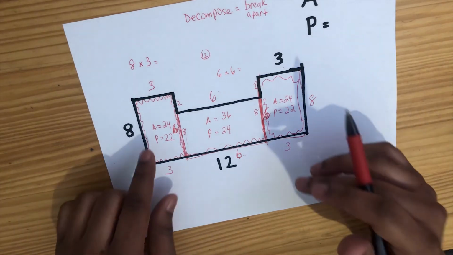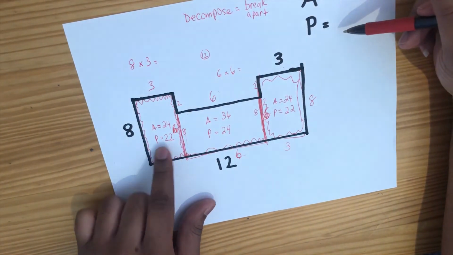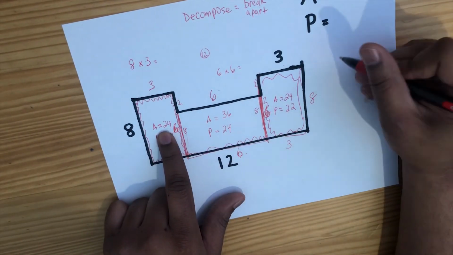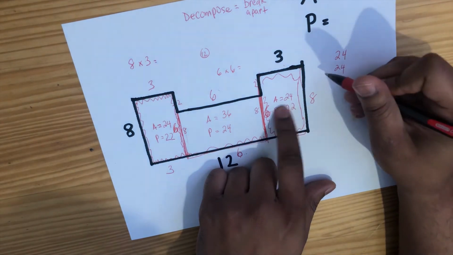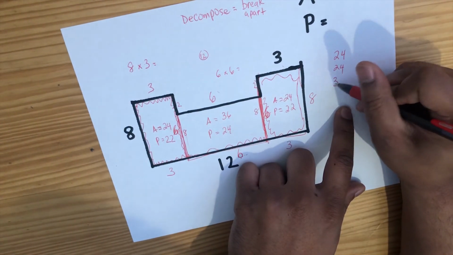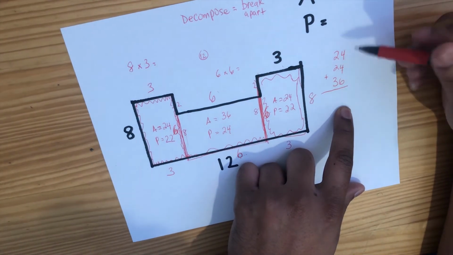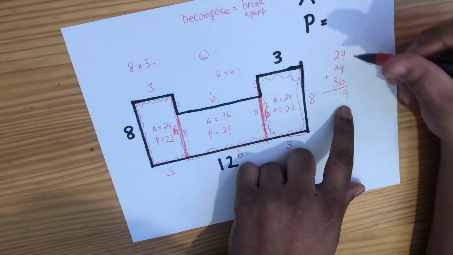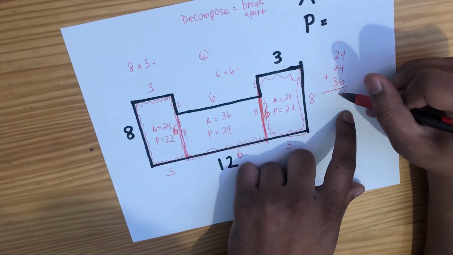Now what I need to do is add all the areas and perimeters together to get my total answer for area and perimeter. So for my area, I have 24 plus 24 plus 36. Add those together. 6 plus 4 is 10, plus 4 more is 14. 2 plus 2 is 4, plus 1 more is 5, plus 3 is 8.